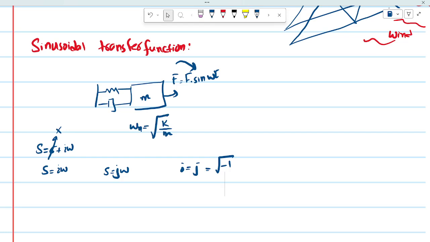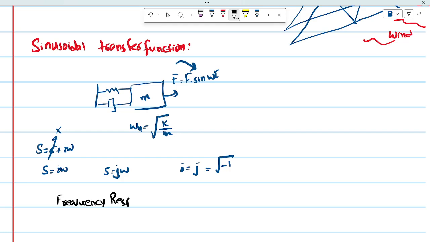This whole method of studying the steady state response of a system due to a sinusoidal force, based on frequency, is called studying the frequency response of a system.